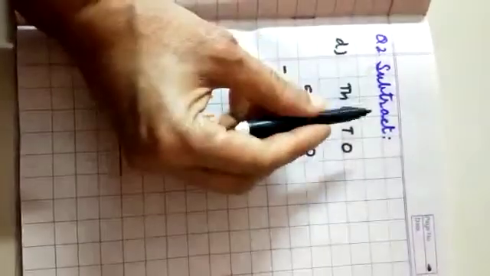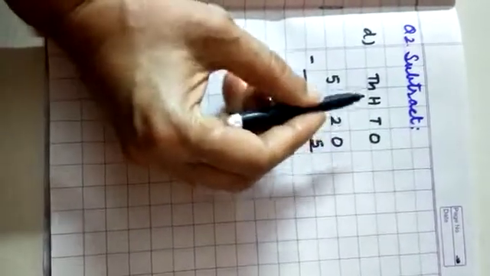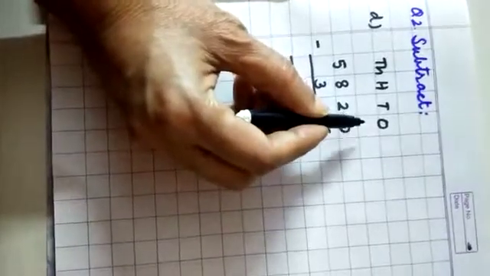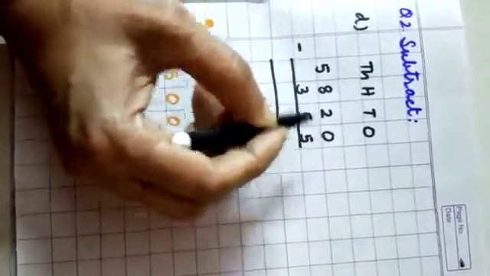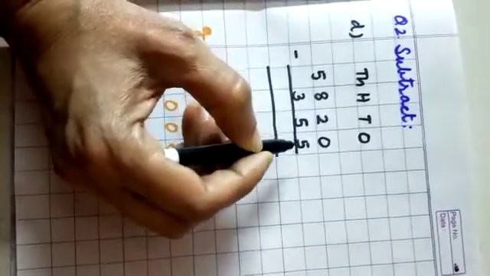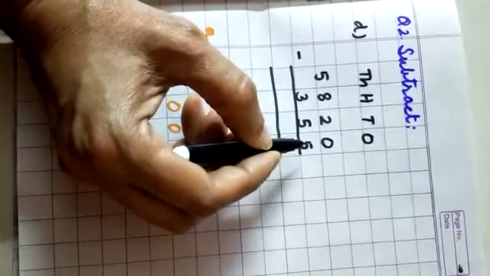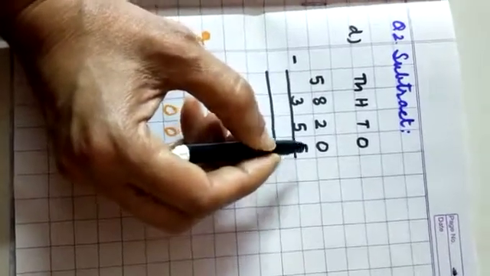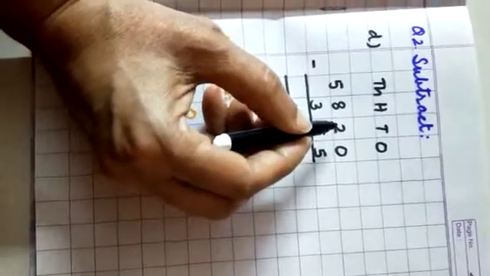This is subtraction in vertical column. Thousands, hundreds, tens, ones. The places must be on the top, and then leave one line for borrowing in subtraction. 5820 minus 355. This is 0 minus 5. Can we subtract 5 from 0? No. We have to borrow from the next place.